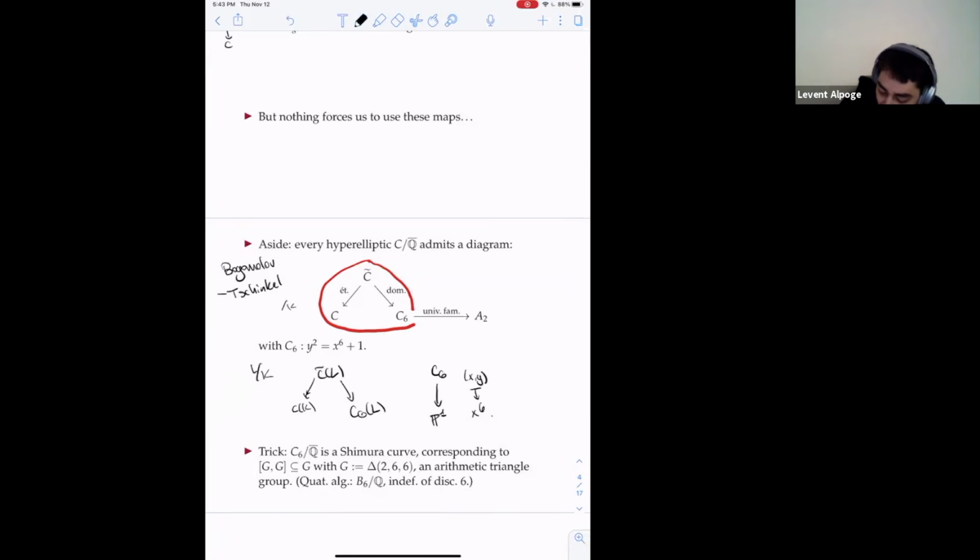Instead of just saying hyperelliptic, I could have said solvable cover of P1. Hyperelliptic curves are solvable covers of P1 because they're Z mod 2 covers of P1. But more generally, you can do this construction for any solvable cover of P1 to end up with C6. It's a really cool theorem. And yeah, anyway.